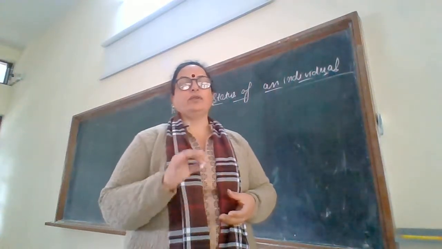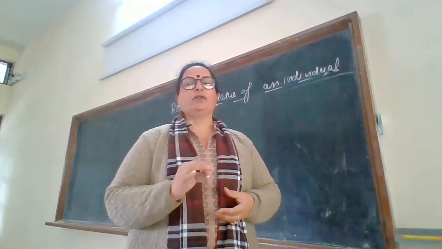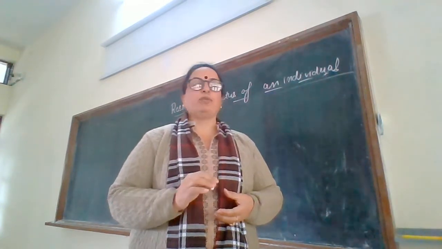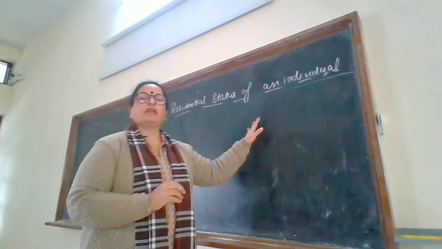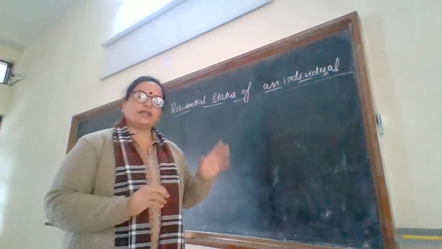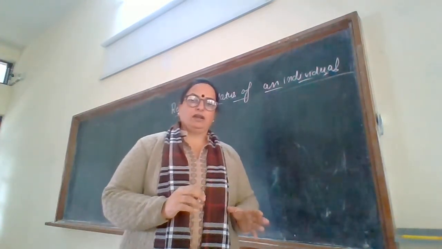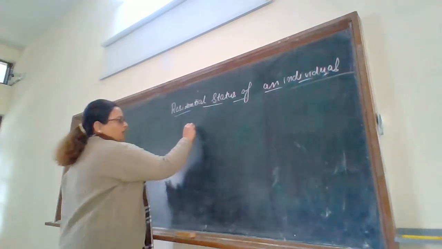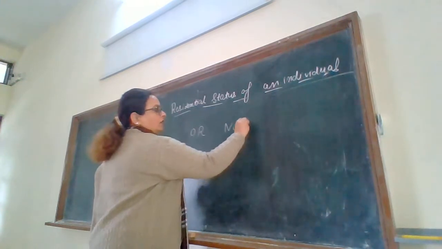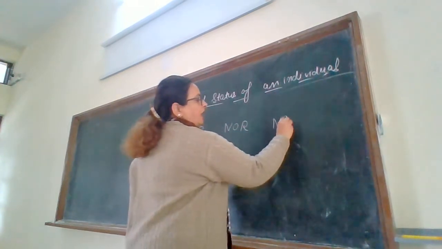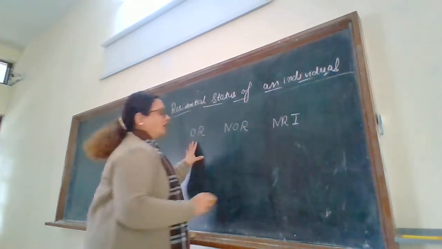Today we are going to discuss a very important topic from the examination point of view. The topic is residential status of an individual. The residential status of an individual can be OR, NOR, or NRI. Now what is OR?